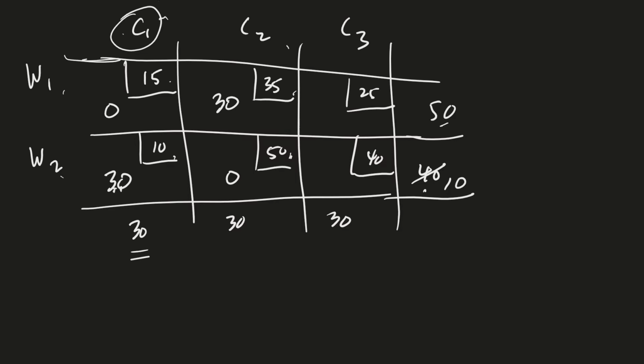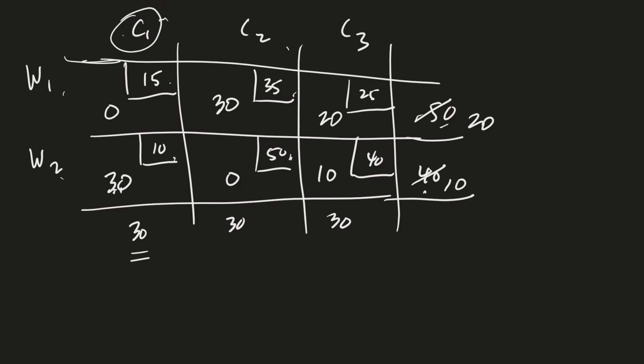And so 0 from this warehouse, and that leaves me with 20 there. And so you can see what's happening. That forces me then to ship 20 from warehouse 1 and 10 from warehouse 2. Okay, and so what we have here is a solution.